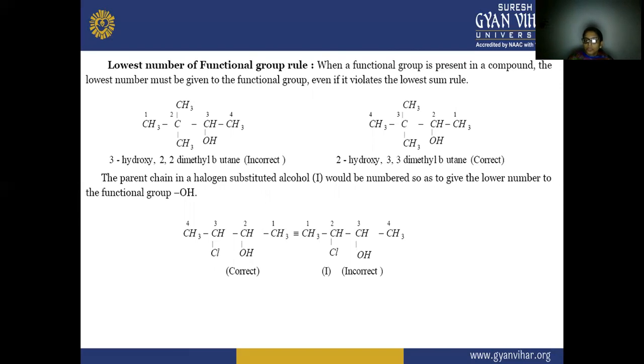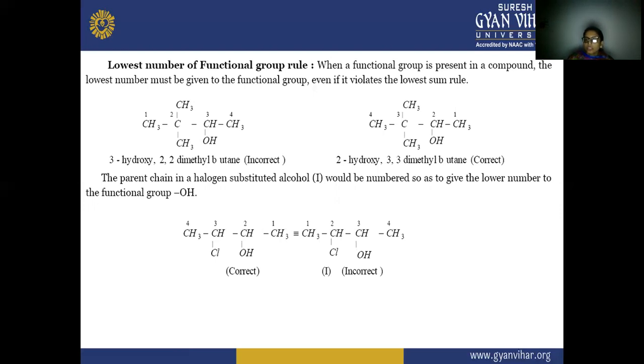If we are numbering it from the right side, the functional group will get a higher number. So this is incorrect numbering. So in the second, you can see we are numbering it from the right side. So if we are numbering it from the right side, you can see that 1, 2, 3, 4.